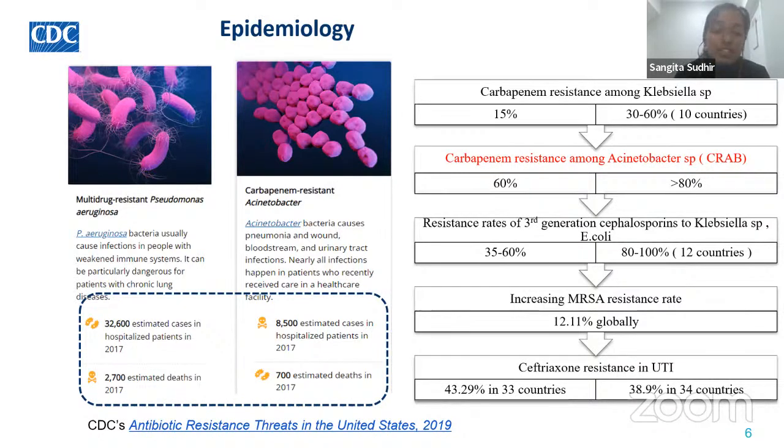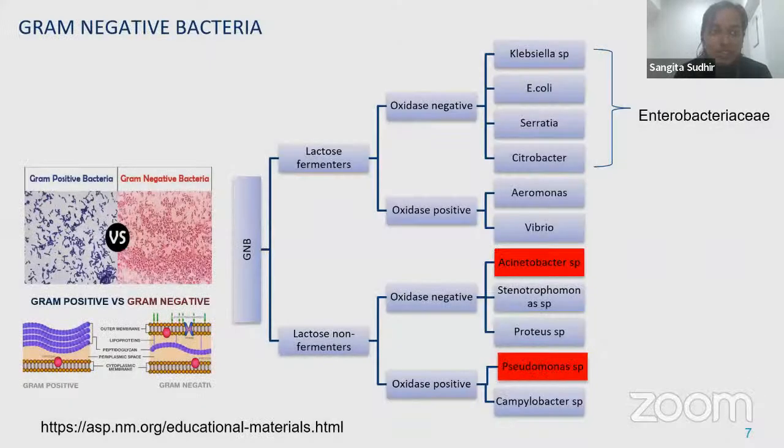It's around 2,700 in 2017 versus 700 for Acinetobacter in 2017. As per the global antimicrobial surveillance data, CRAB, or carbapenem-resistant Acinetobacter strains, are estimated to be 60%, and it is very high in low and middle income countries. We have already discussed this in the previous session.